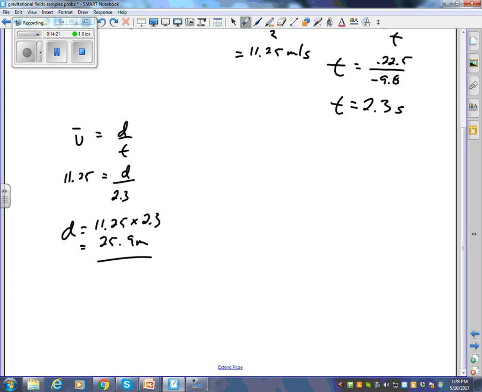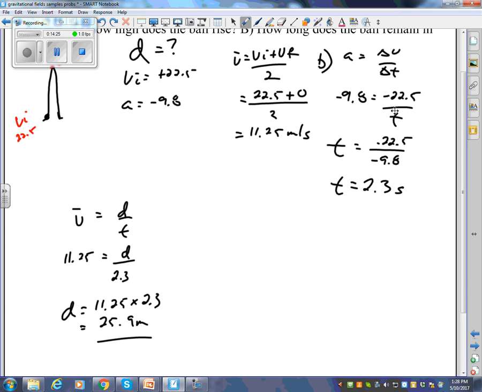Why did they just switch? Here? Multiply both sides by T, and then divide both sides by minus 9.8. Why do you do that?